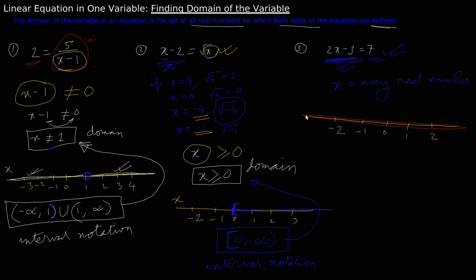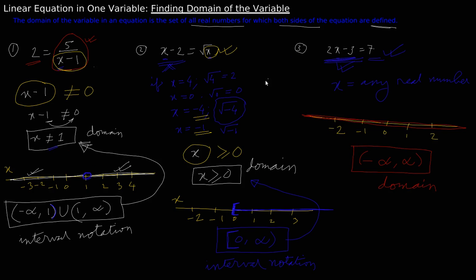And the whole number line is starting from -infinity to +infinity. So this is the domain for my third problem. Okay, so this is the domain, all real numbers.